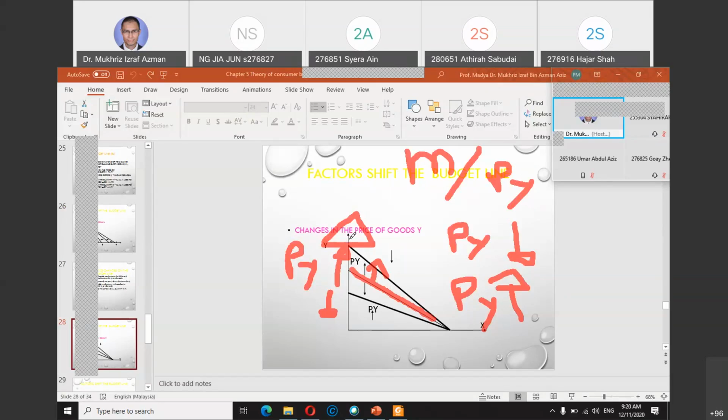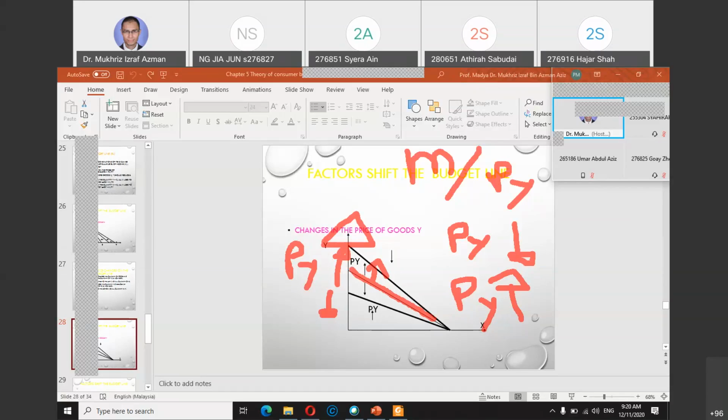And vice versa, if the price of Y increases, M divided by a bigger value, then the product of this ratio will become smaller. So the graph will move downwards. The movement upward is when the price of Y decreases. The movement downwards is when the price of good Y increases, and the price of good X remains unchanged.